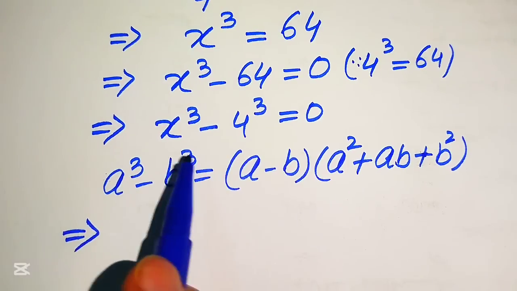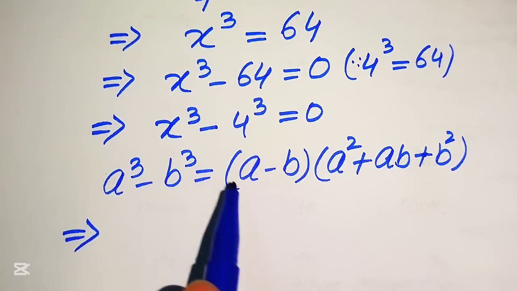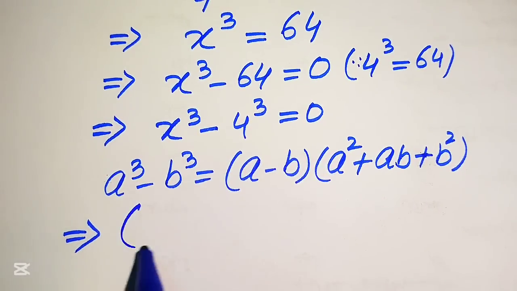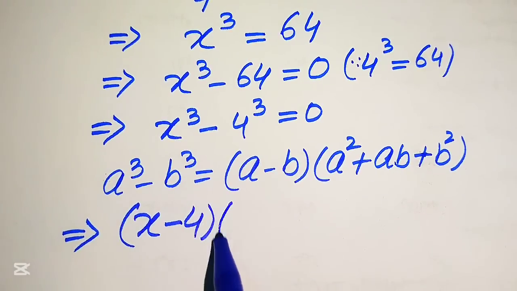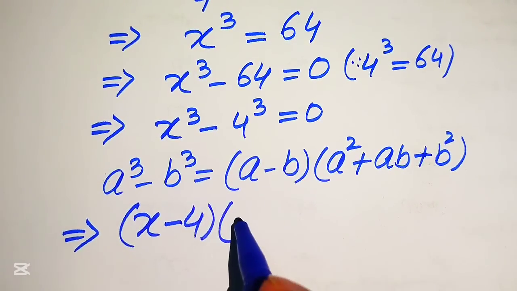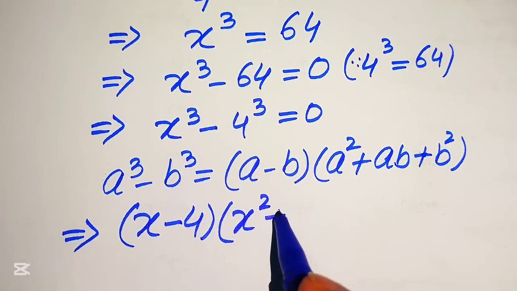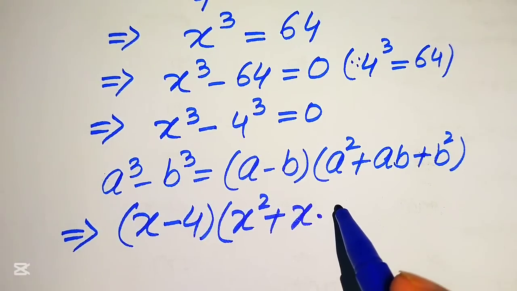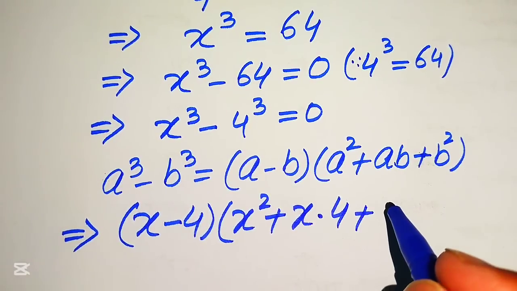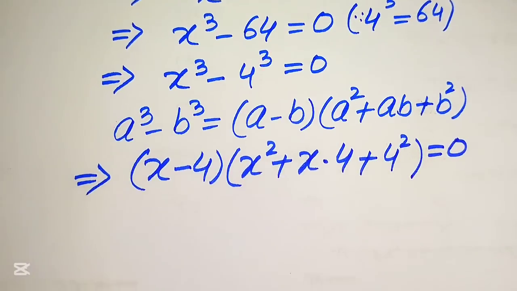Here our a is x and b is 4, so we write it as x minus 4 times x squared plus x times 4 plus 4 squared, and this whole equation equals 0.